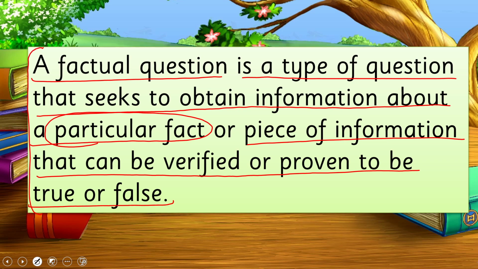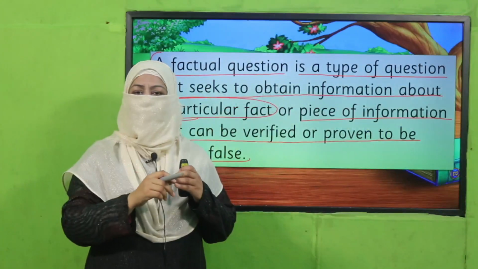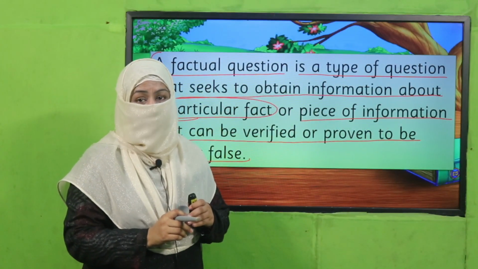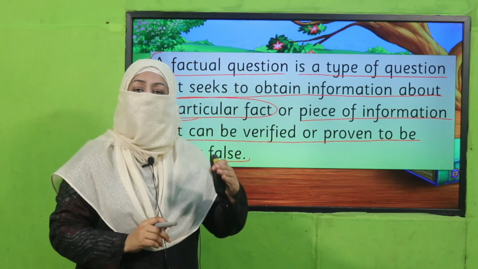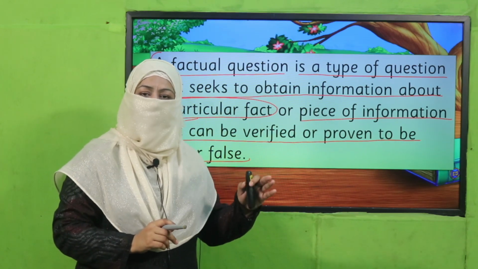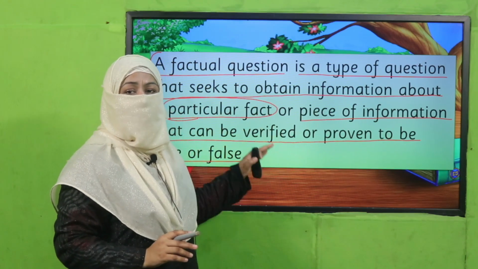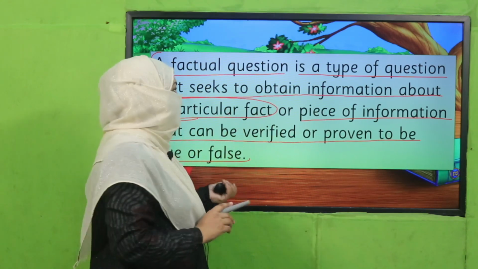Whenever a question asks you about a name, a date, or a place, it becomes a factual question, because if you answer a wrong name, a wrong place, or a wrong date, it becomes wrong. That's why such types of questions are known as factual questions.